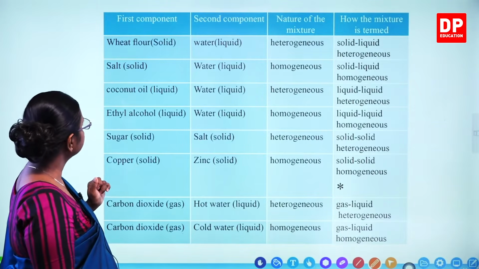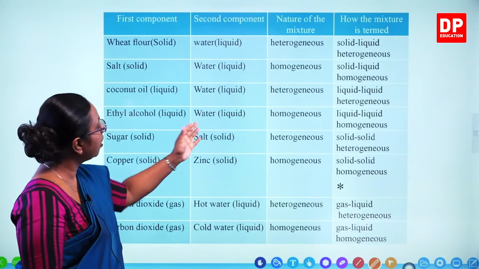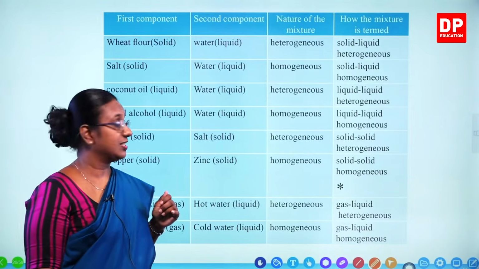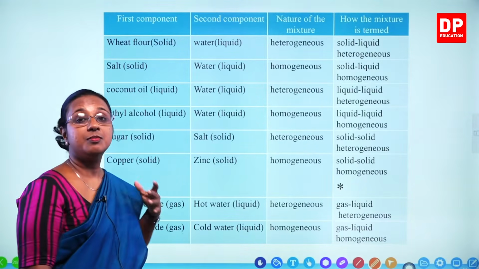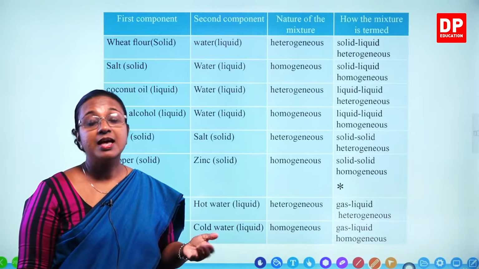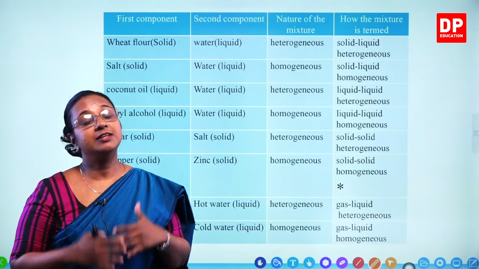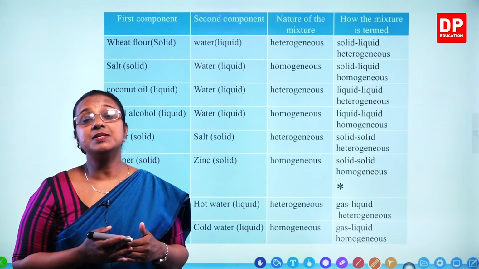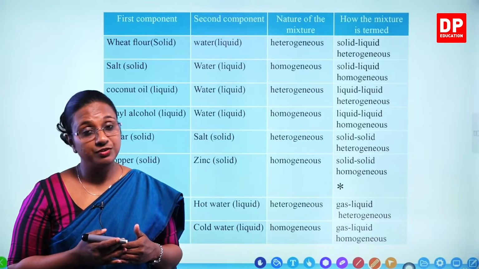Then we have the next example, ethyl alcohol and water, what we discussed with the activity. Both are liquids, both are clear, transparent solutions, and when you mix them together, the solution is transparent and the composition of the mixture is uniform throughout.